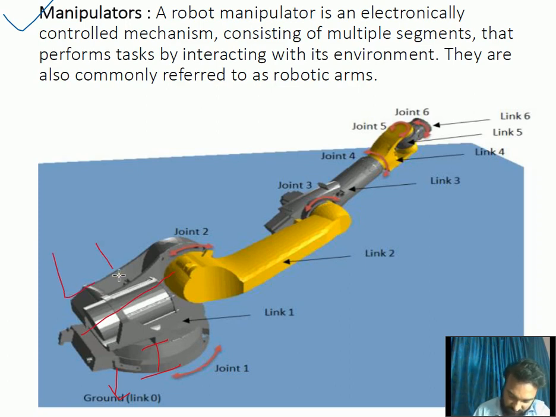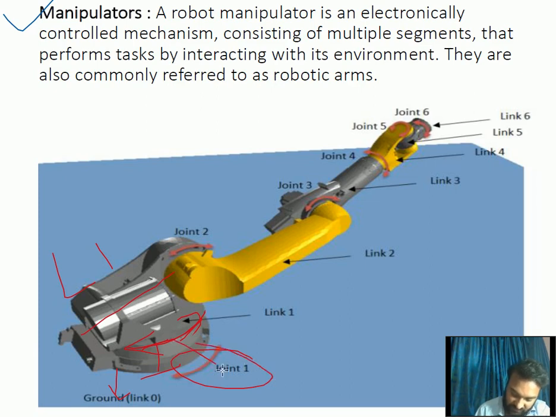Link 0 and link 1 are joined somewhere here. That will give rotary motion, a kind of rotary or revolving motion. We will see this term in a coming slide. So this one will become joint 1.